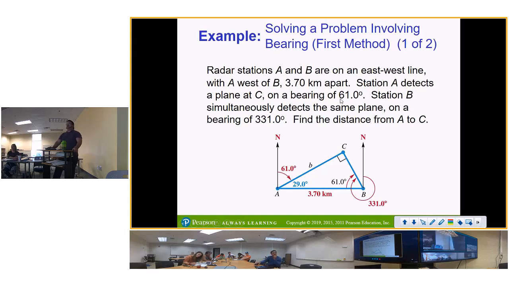Station A detects a plane at sea on a bearing of 61 degrees off of what? North. So you have to start thinking like that. 61 degrees off of north, because it says bearing. Station B simultaneously detects, that's at the same time, the same plane on a bearing of 331 degrees. Find the distance from A to C.